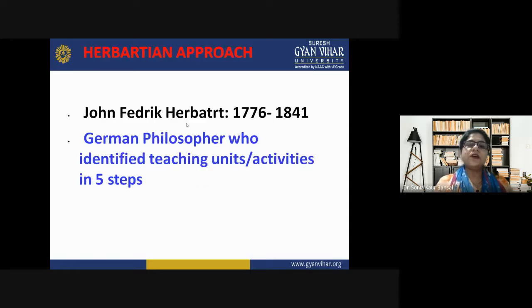Now, first of all, we are going to see the Herbartian approach. It is named after the famous scholar Johann Friedrich Herbart, who was born in 1776 and died in 1841. He was a German philosopher who identified teaching units or activities in 5 steps. So what are those 5 steps? Let's have a look.